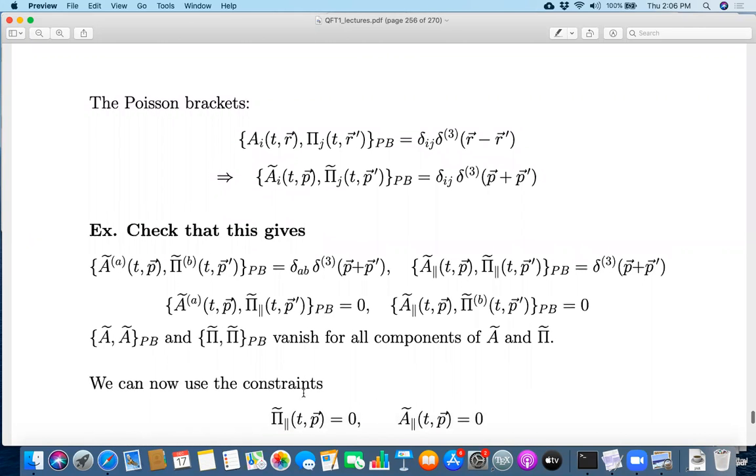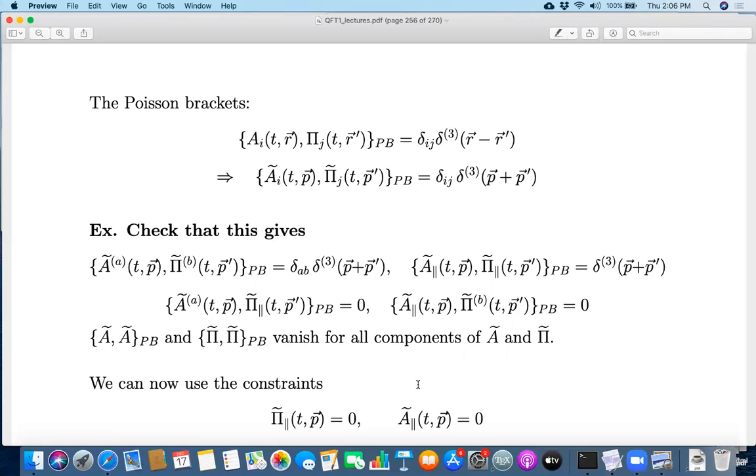And now let's see what these constraints give us. So first of all, we can see that these constraints are conjugate variables to each other, right? Because A tilde parallel and pi tilde parallel are conjugate. This clearly shows that in this formulation, these can be regarded as second class constraints, because the A tilde, pi tilde parallel Poisson bracket is just proportional to delta cubed of p minus p prime, which is the identity matrix.